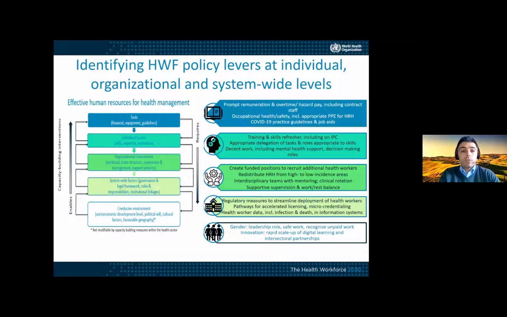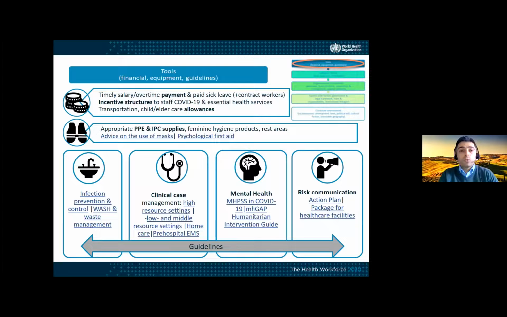So starting from the first, in terms of tools, obviously a key factor is the timely payment of health worker incentives and remuneration. We have plenty of experience from prior outbreaks and epidemics of the high risk of health workers going on strike when there are issues regarding their payment.